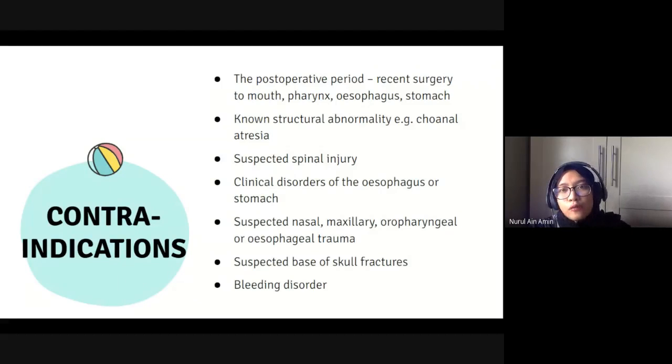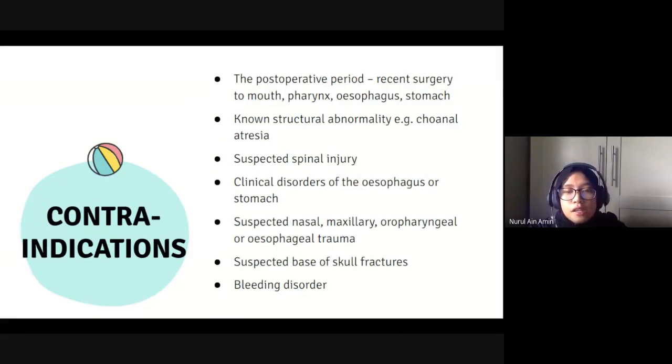If we insert the tube after any recent surgery to the mouth, pharynx, esophagus or stomach, it can irritate that surgical spot. Next, any known structural abnormalities such as choanal atresia, any suspected spinal injury, any clinical disorders of the esophagus or stomach, such as esophageal varices or esophageal stricture, and any suspected nasal, maxillary, oropharyngeal or esophageal trauma, because it can aggravate the injury more.